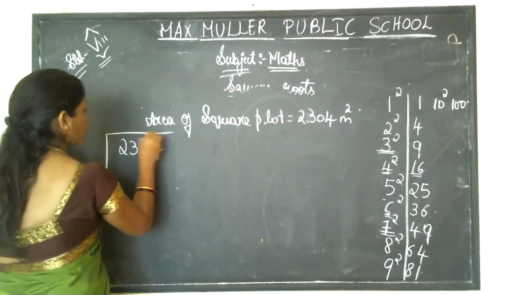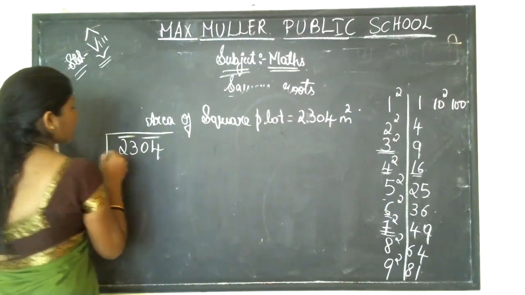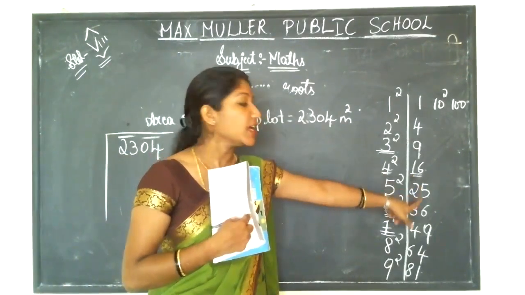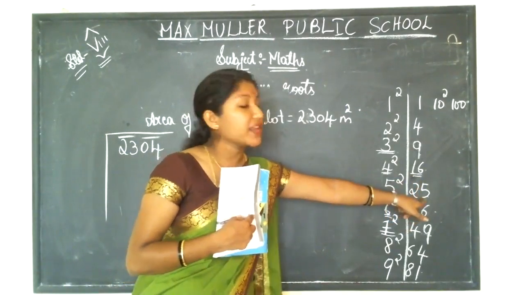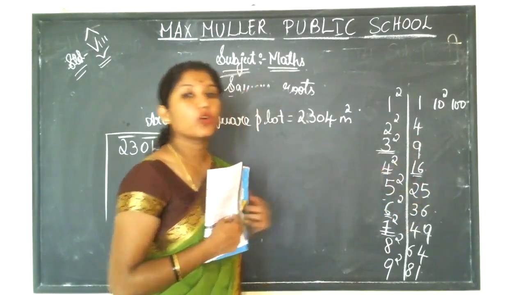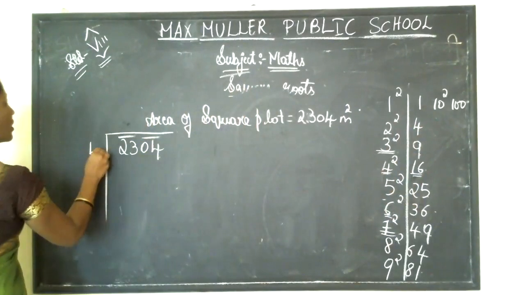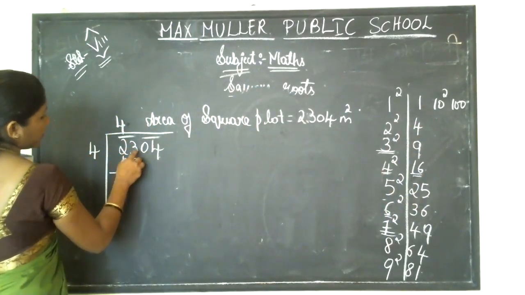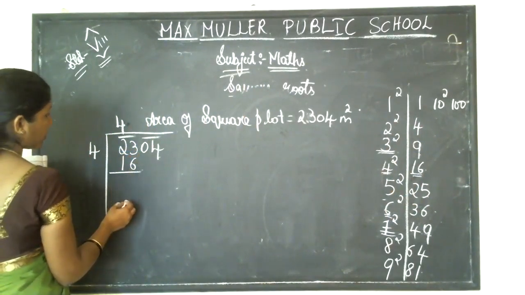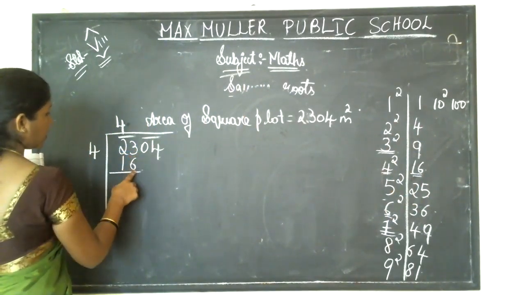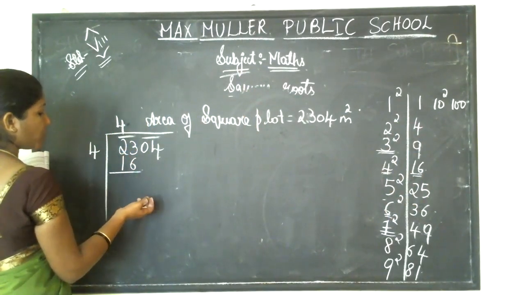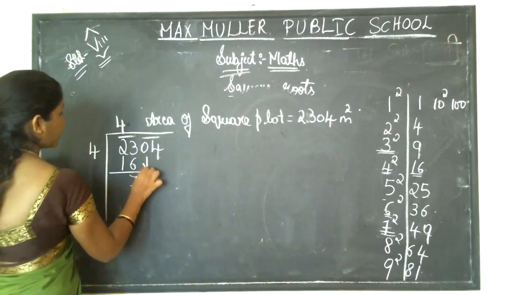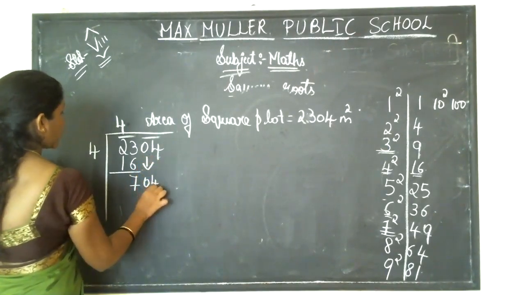So first group the numbers. The nearer value for 23 is 25 and 16. 25 is greater, so you go for 16. 4 4s are 16. Subtracting, 16, 17, 18, 19, 20, 21, 22, 23, it is 7, and bring down both the numbers 0, 4.